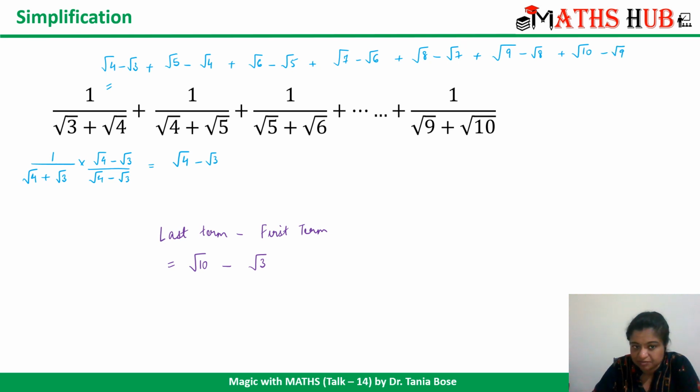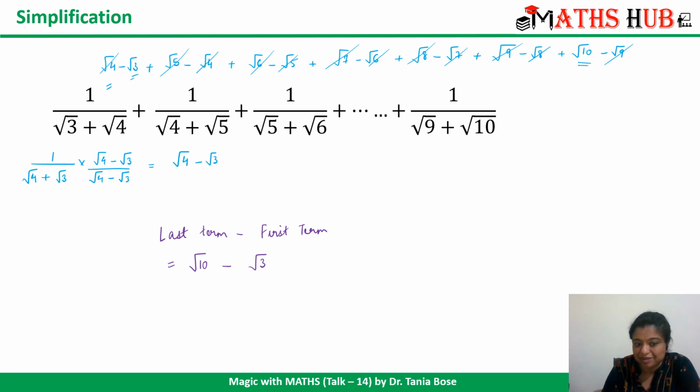I've written all the terms. Now what is happening? Root 4 cancels, root 5 cancels, root 6 cancels, root 7 cancels, root 8 cancels, root 9 cancels. What is left? The last term is left and the first term is left.